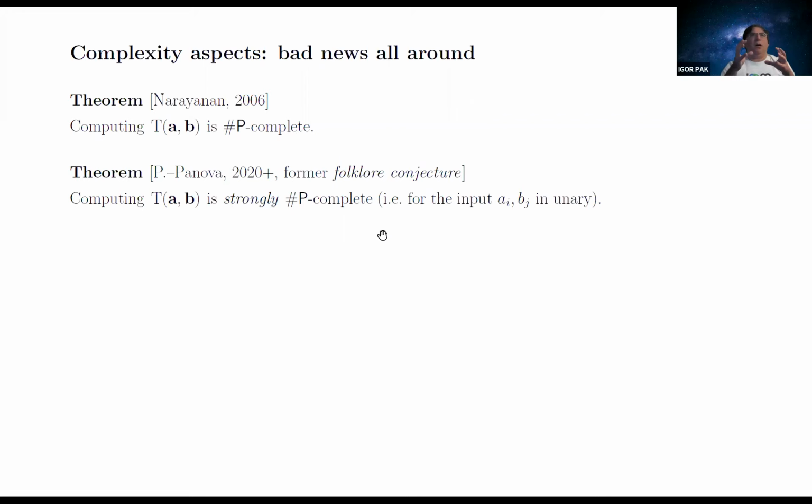And by that we mean when the a_i's and b_j's are given in unary. So to put it in plain language, it should take exponential time even when row sums and column sums are polynomial, not exponential as would follow from Narayanan. So this is saying that these are really hard numbers to compute.